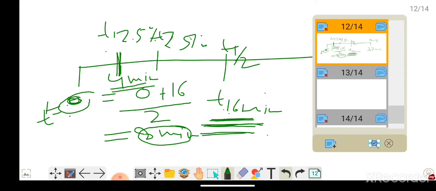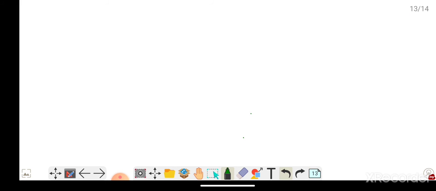In a similar way, we will calculate each and every time for the zero order reaction. So this is the direct process. In this way, we will see all about the zero order reaction.